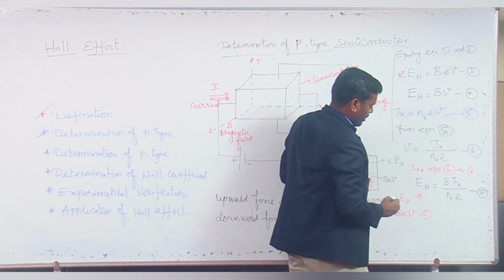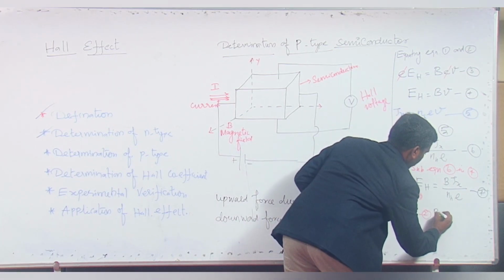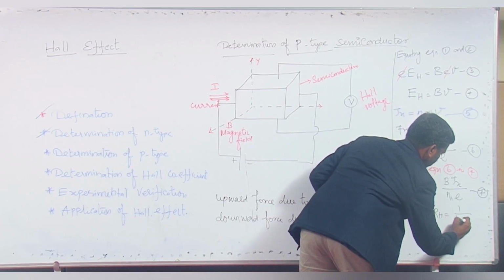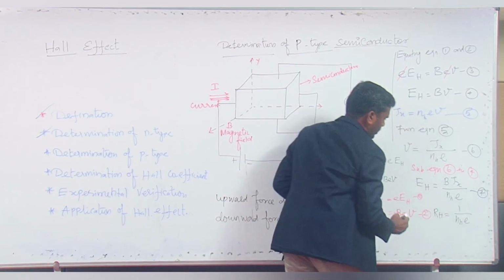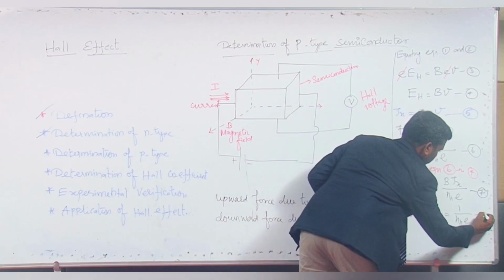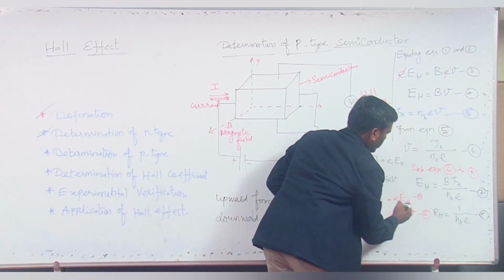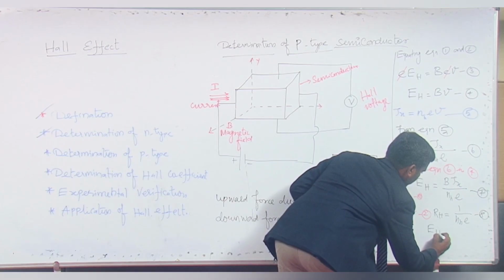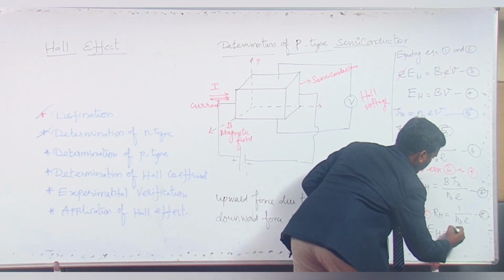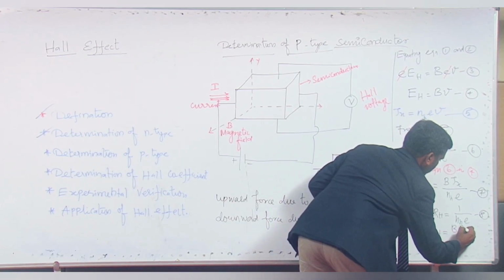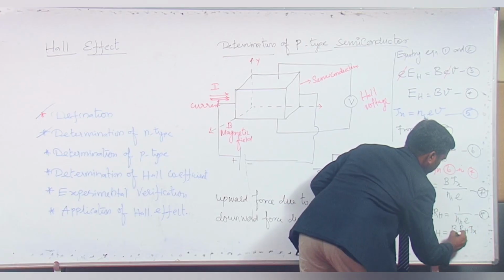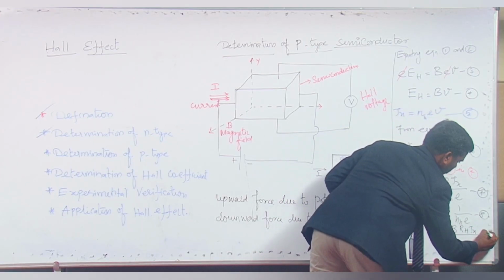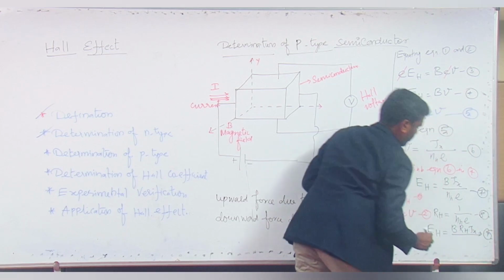From this equation 7 you can write the Hall coefficient RH is equal to 1 by NhE. This is equation number 8. So you can write equation 7 as EH is equal to B RH Jx. This is equation number 9.